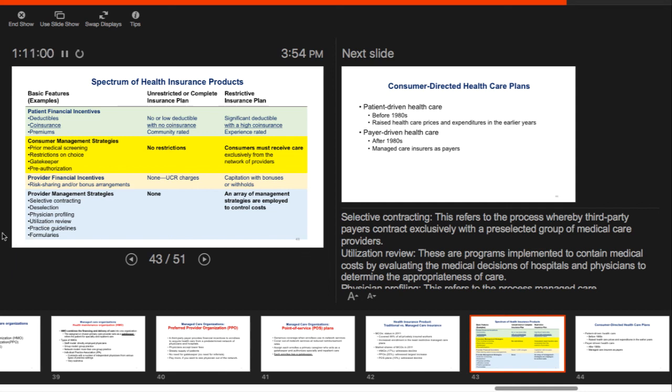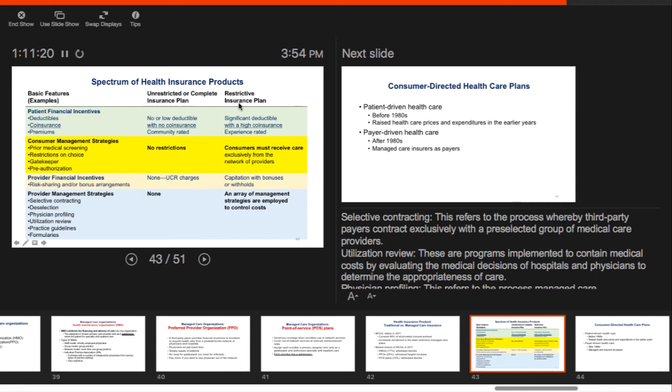There was no utilization review previously. There were no practice guidelines or formularies. Physicians had full authority to prescribe whatever they wanted, any procedures they felt were right for the patient.